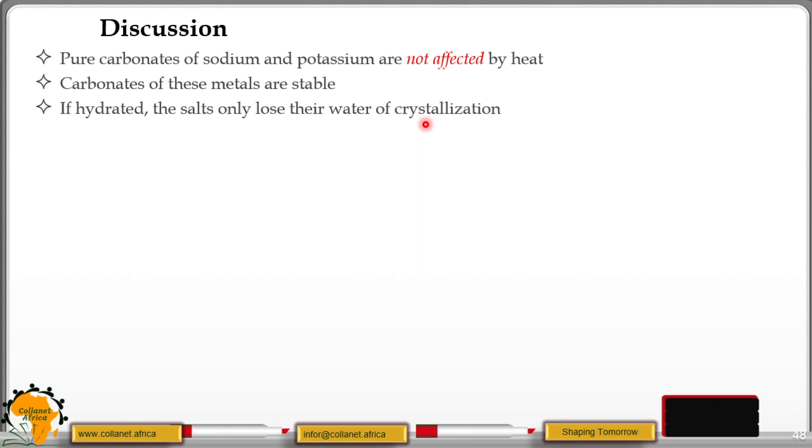And if it has water of crystallization, the water will condense at the upper part of the vessel that you're using to heat your salt. You can test that water using anhydrous copper 2 sulfate, which is normally white. Once you put water on it, it's going to change into blue.